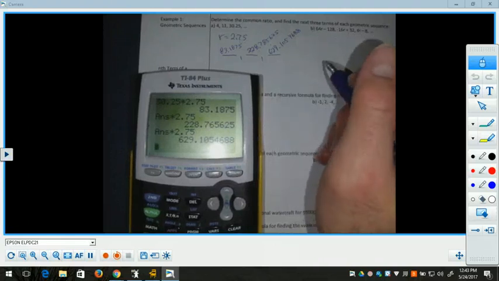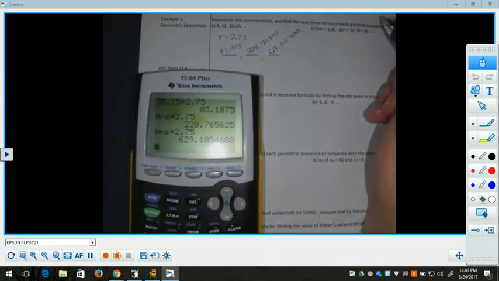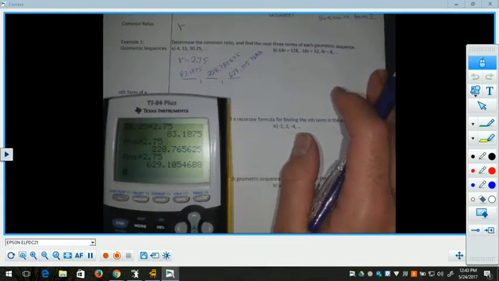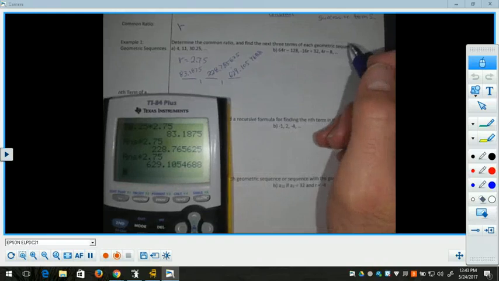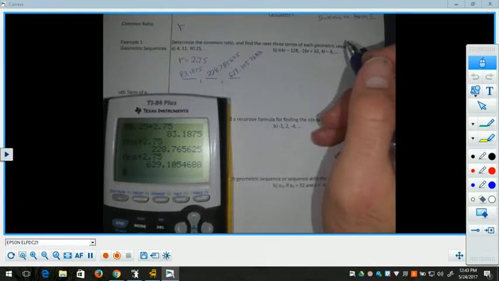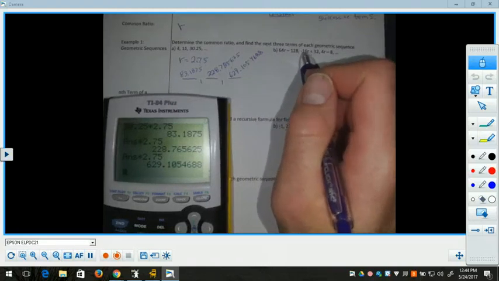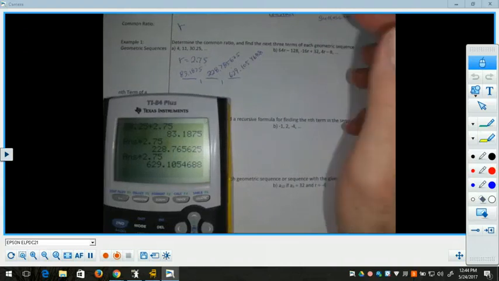Letter B. Now, this one is a little tricky because there are variables involved. So you're wondering, what did they do? Well, from here to here, something happens that works from here to here. So we're going to do fractions because we've been told it's geometric.